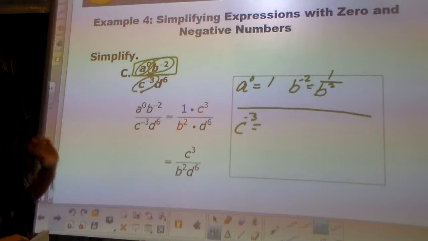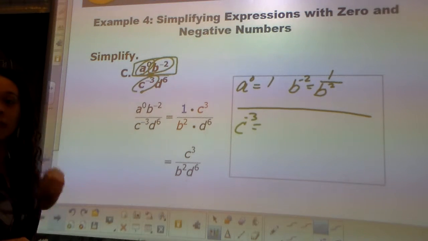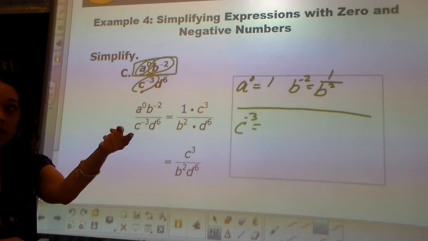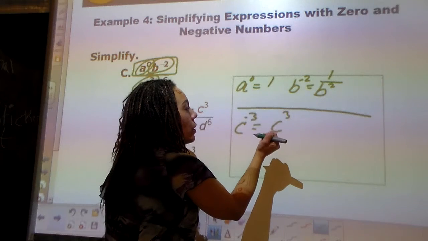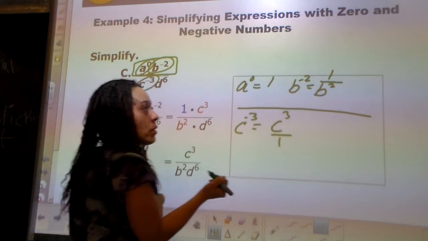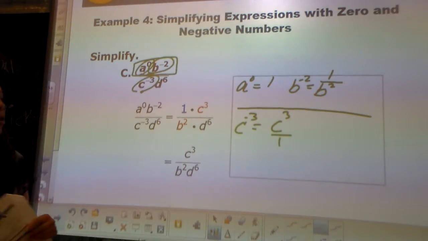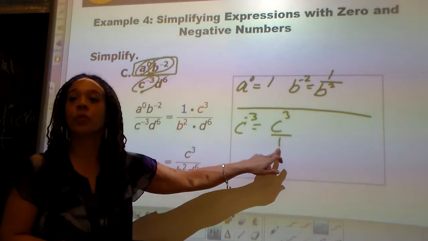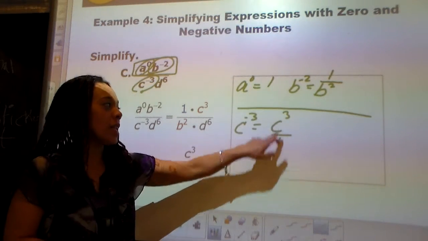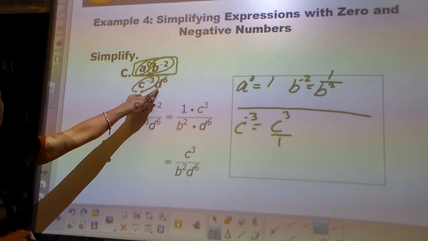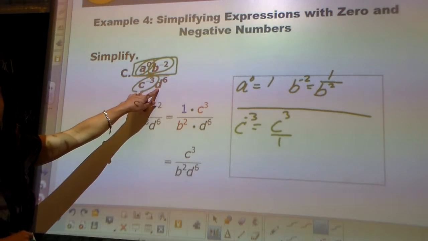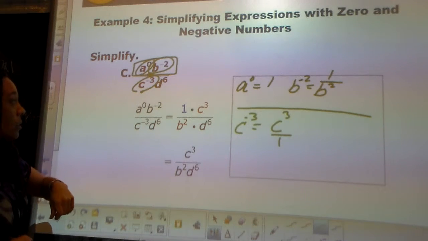Pull it out of the denominator, put it into the numerator, and I make it positive. So that's actually c to the 3rd power over 1. Because remember, if you put it over 1, this shows me that it's not in the denominator anymore. And then we just have a d to the 6th power. There's no negative there, it can stay just like that.